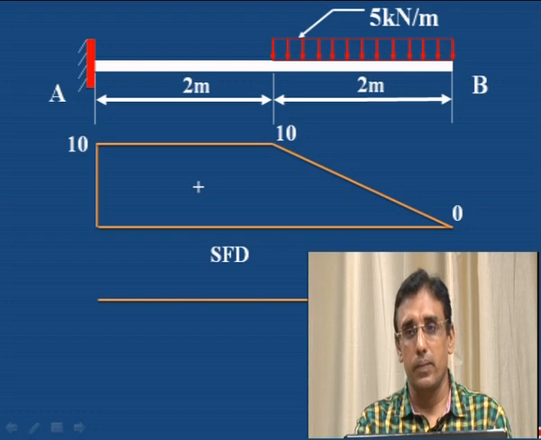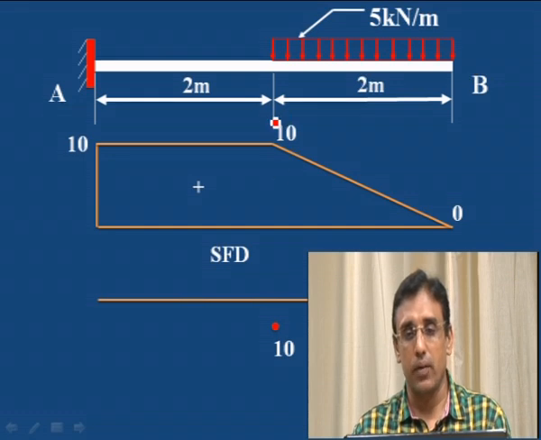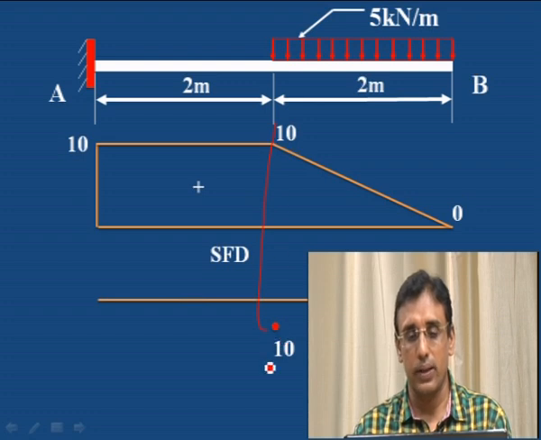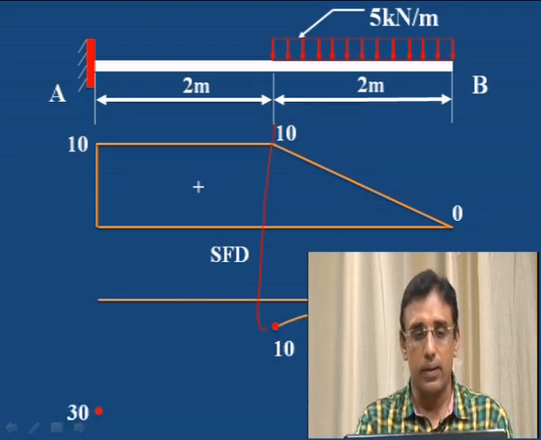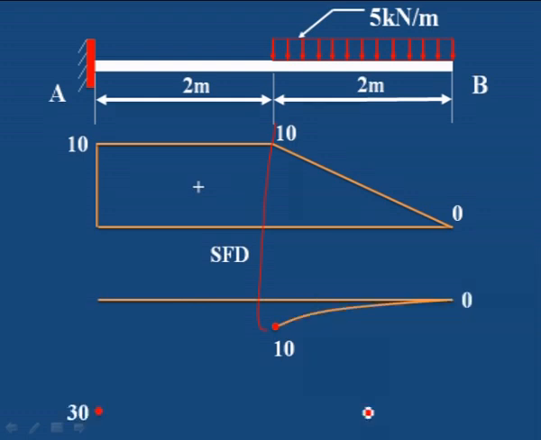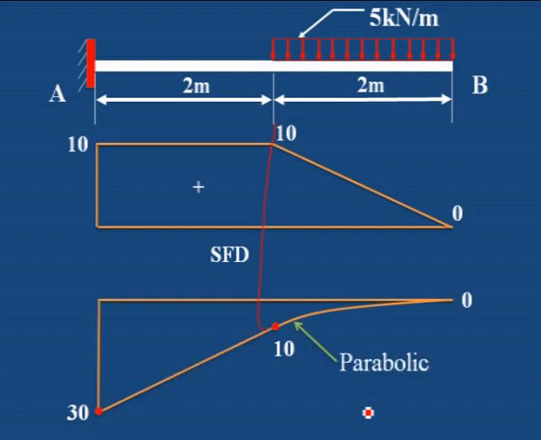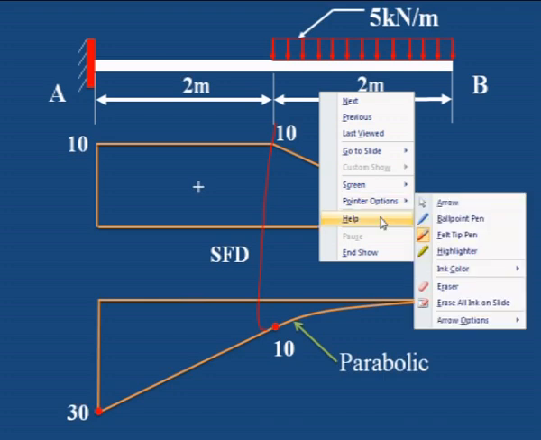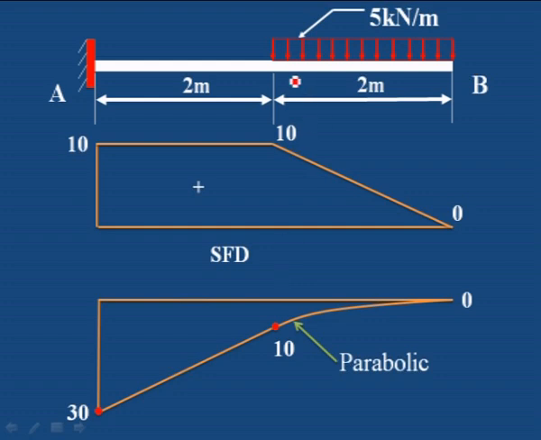Next, the bending moment diagram. Draw a horizontal line first, then mark the points. Mark 10 kilonewton meter at this point, then mark 30 kilonewton meter, and join. What we can observe here: from this point to C to B, it is a uniformly distributed load.